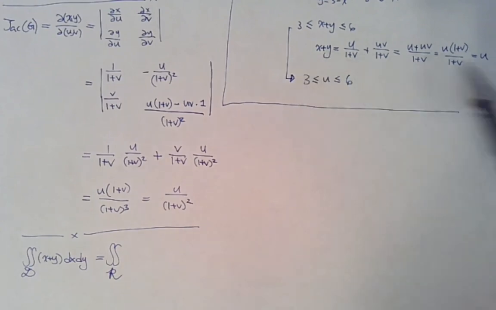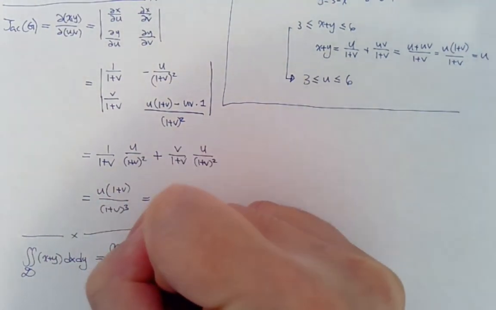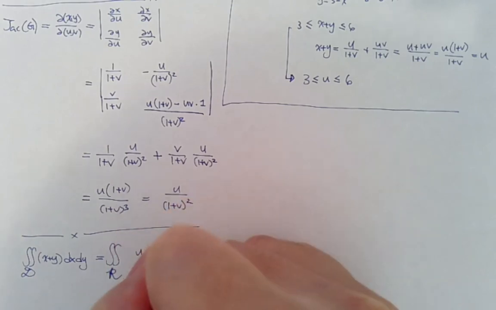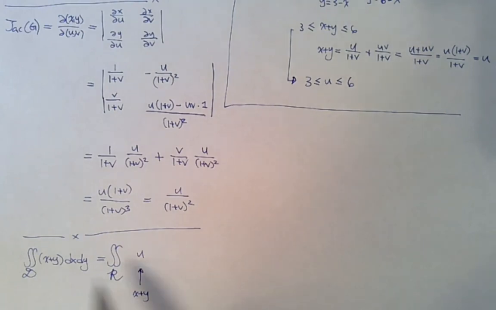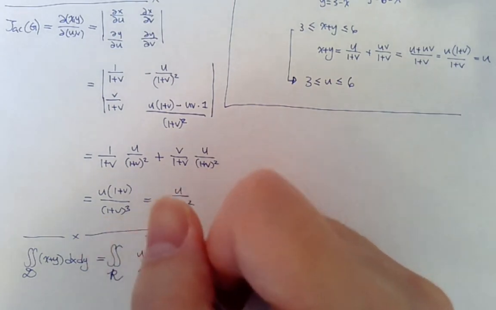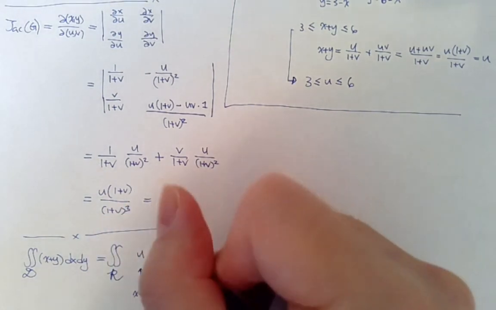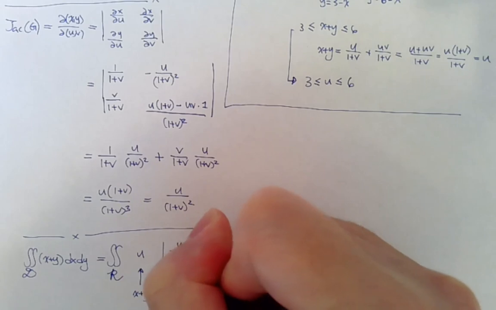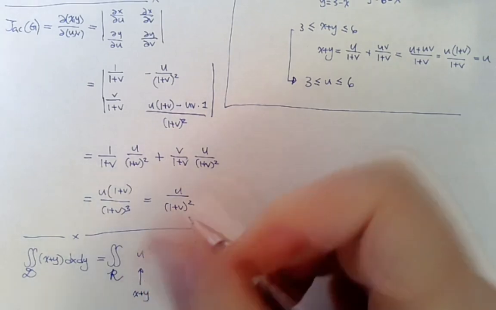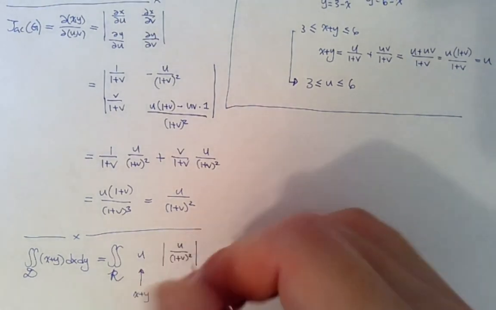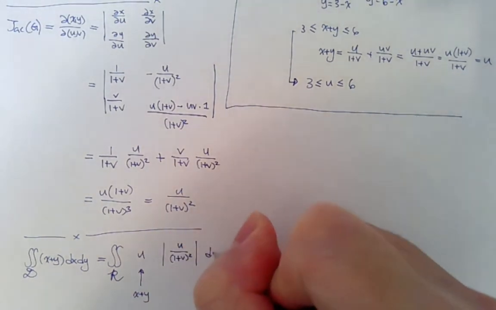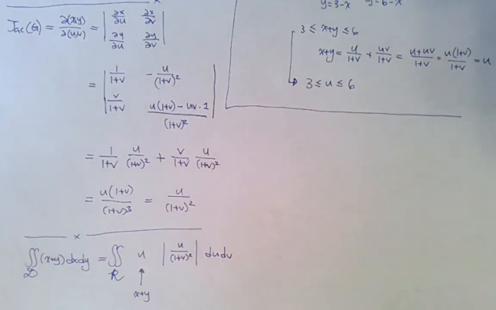So here I can write u, noting that this is x plus y, the integral we're trying to calculate. And then dx dy turns into the Jacobian, the absolute value of u over 1 plus v squared, since the formula says it's the absolute value of the Jacobian, and then du dv.